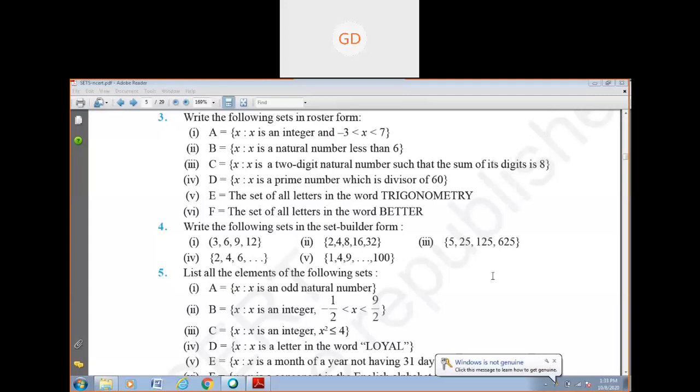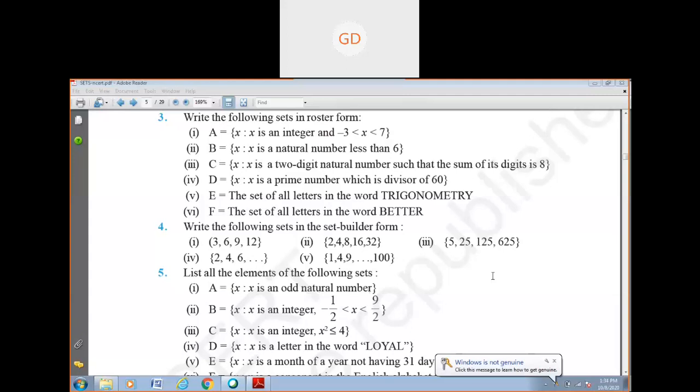And in the third one, x such that x is an integer. To fulfill the condition, x square must be less than or equal to 4. If we put x equal to 0, 0 square is obviously less than 4, so 0 will be one element.